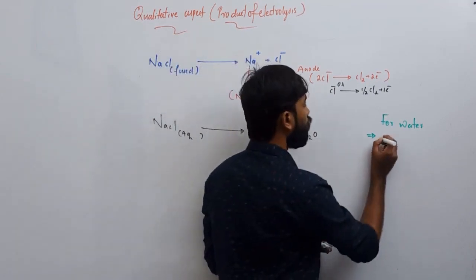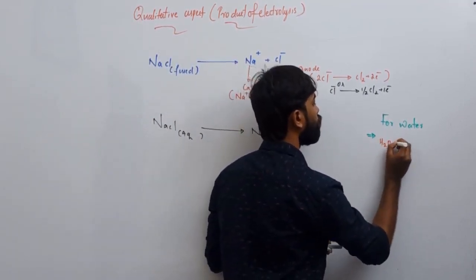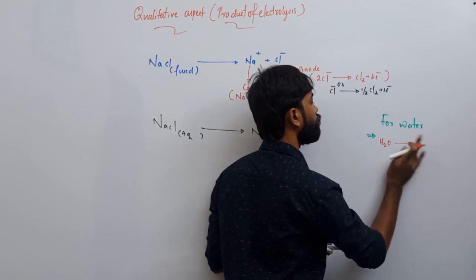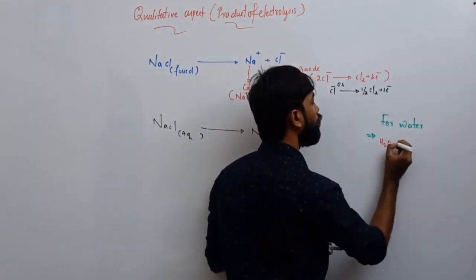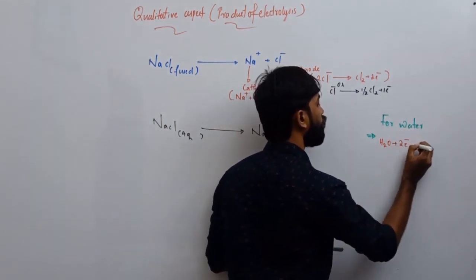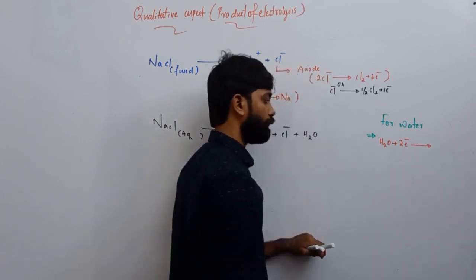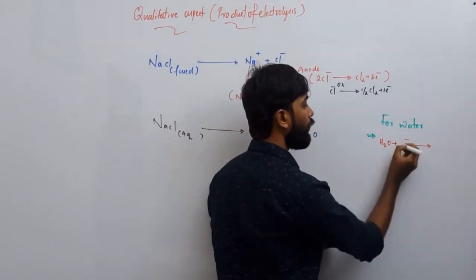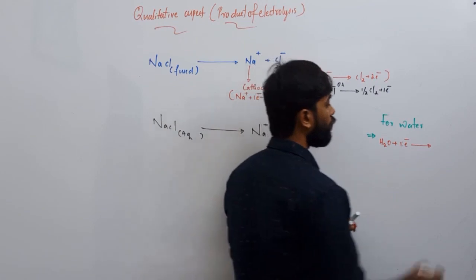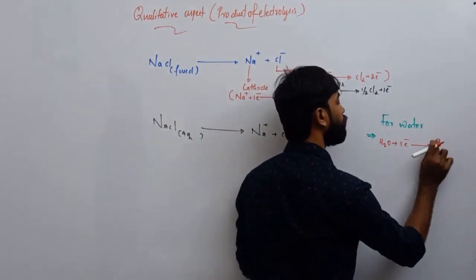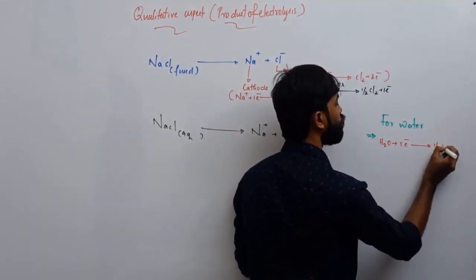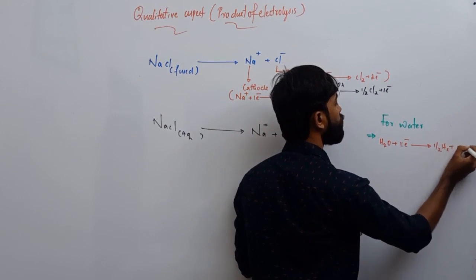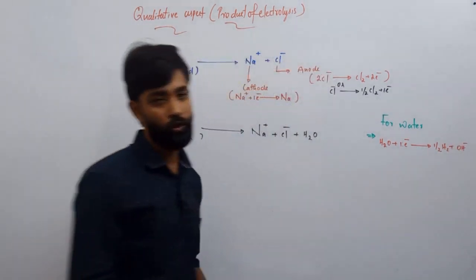Listen, first of all, let me define the reduction of water. Water, when it absorbs 1 electron, becomes half H2 plus OH-.